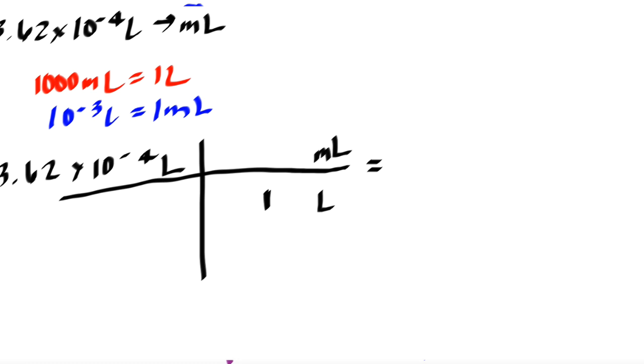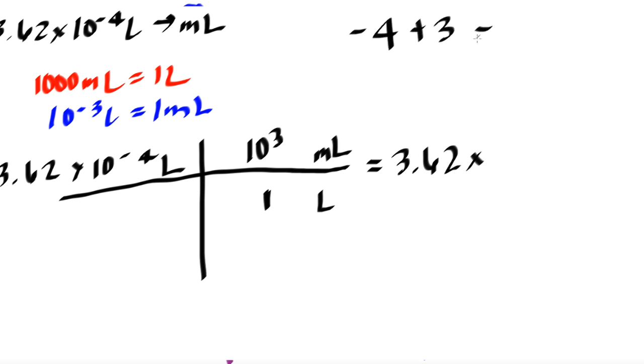So let's do 10 to the third. Remember, we add exponents here because we're multiplying. So you have 3.62, a negative 4 plus 3 is equal to a negative 1. So you have 10 to the negative 1 milliliters.